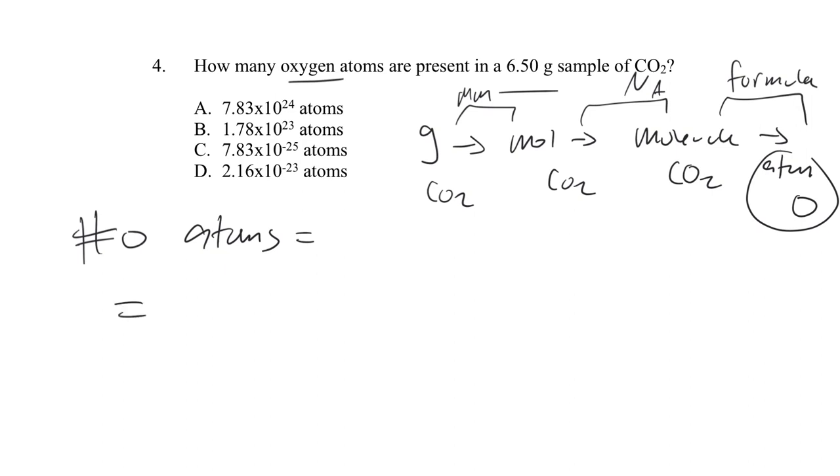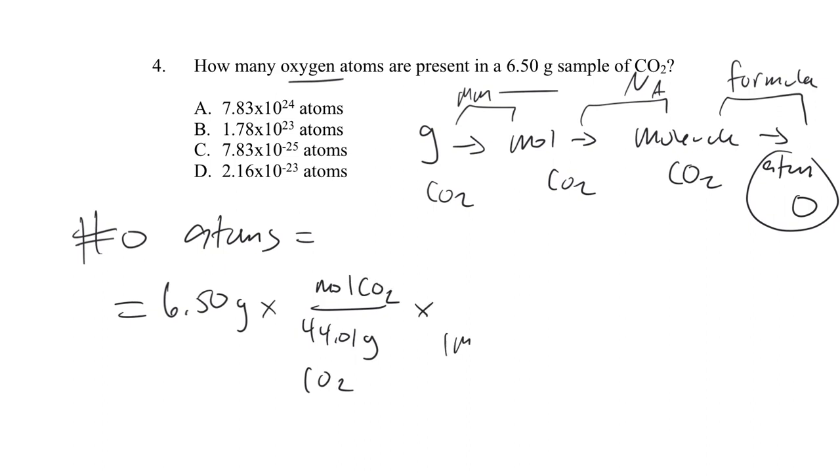So our number of oxygen atoms, 6.5 grams of carbon dioxide. Need to use the grams per mole for CO2: 12.01 plus 16 times 2, that's 44.01 grams per mole of CO2. One mole of CO2 contains an Avogadro's number, 6.022 times 10 to the 23, of CO2.